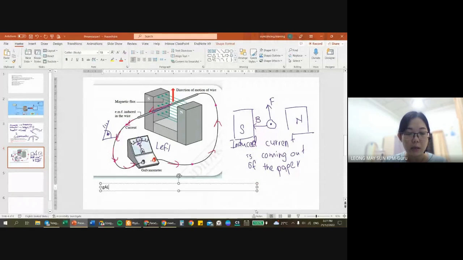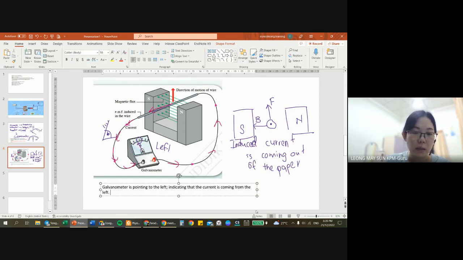So again, the galvanometer is pointing to the left, indicating that the current is coming from the left.